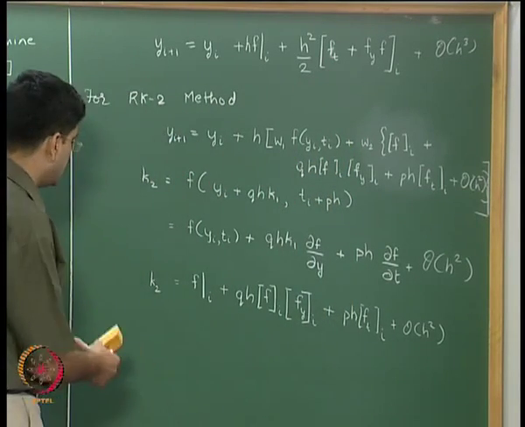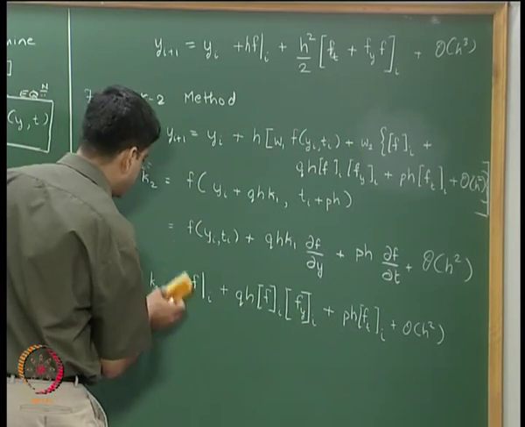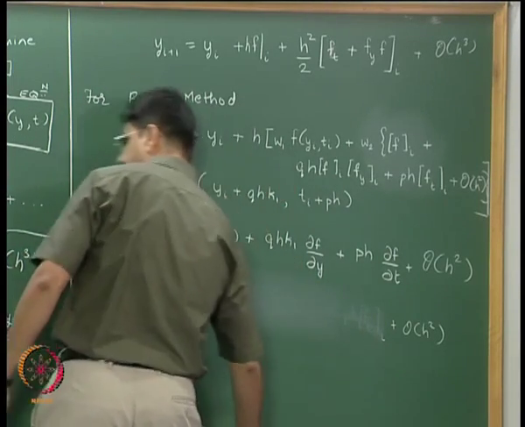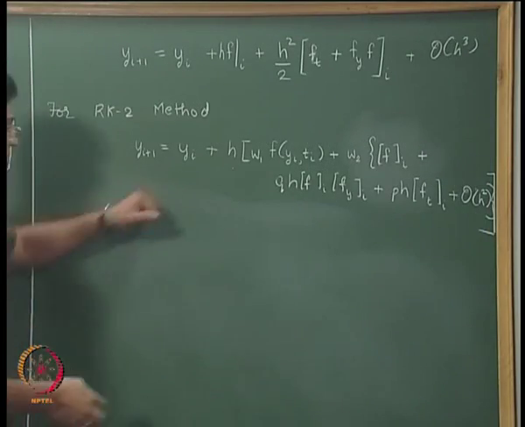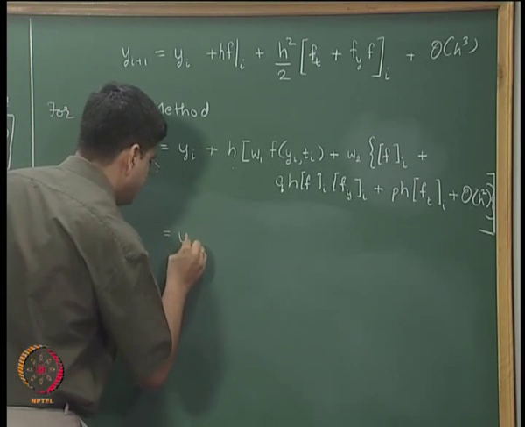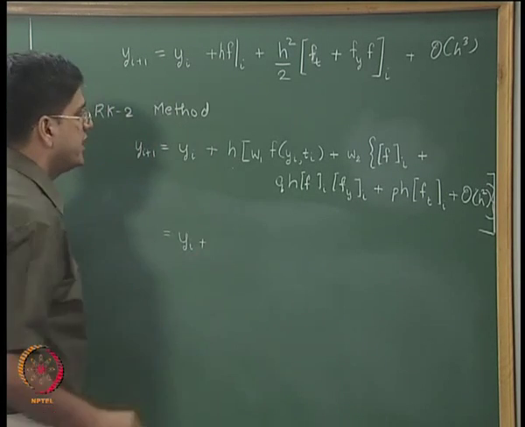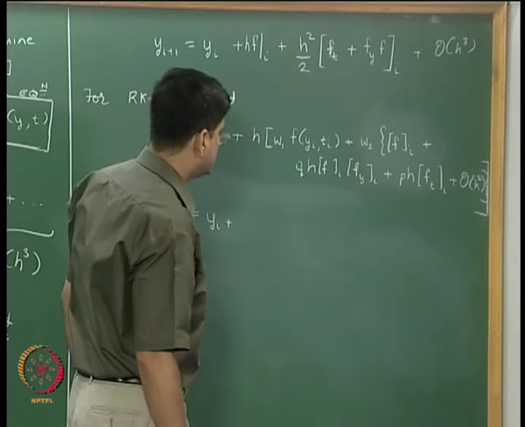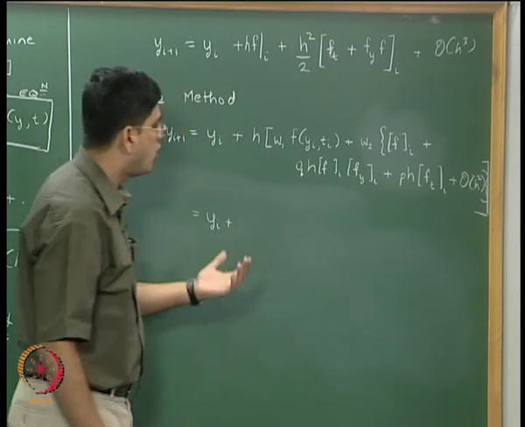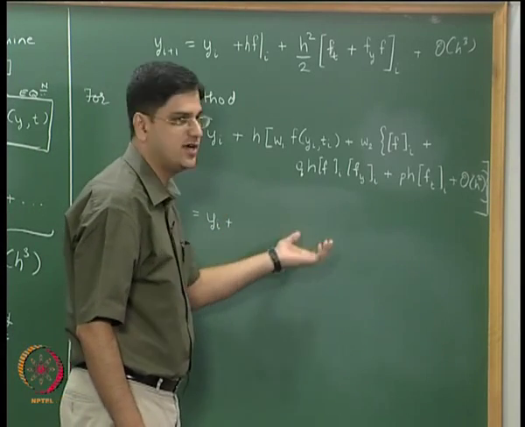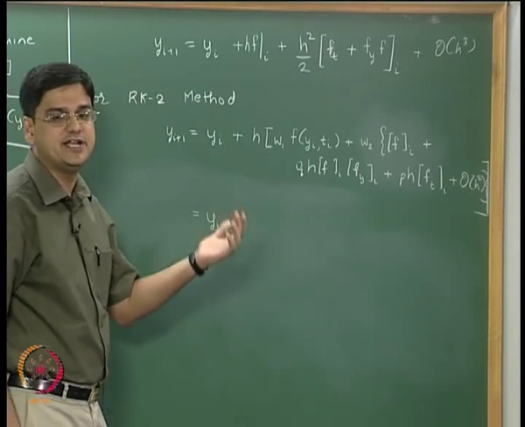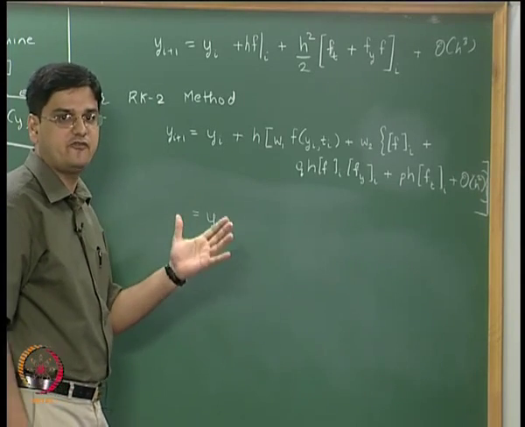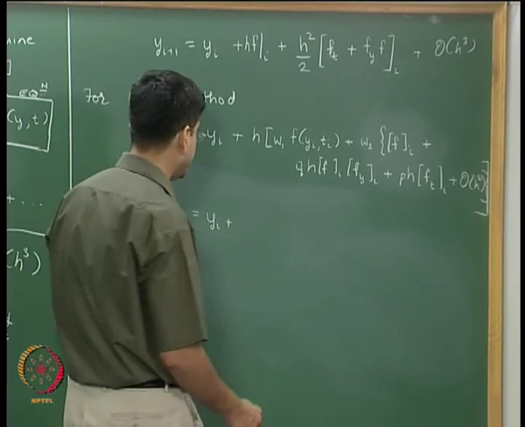Okay. What I will do is I will erase this part that I have written over here, and I will continue with the derivation. Okay. So, this can be written as, now we will have this term yi. Okay. The next term is going to be in terms of f of I. So, what we will do is collect all the terms involving fi only, not df by dt, not df by dy, but only the term containing f computed at yi comma ti. Okay.